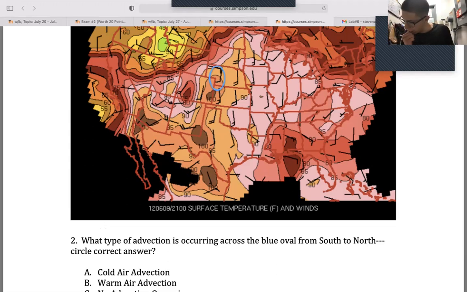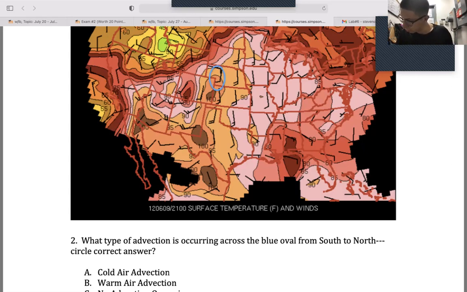And then the wind speed is 10 miles per hour. So we multiply 10 miles per hour times 10 degrees Fahrenheit, divide that by 200, and we end up with 0.5 degrees Fahrenheit per hour.